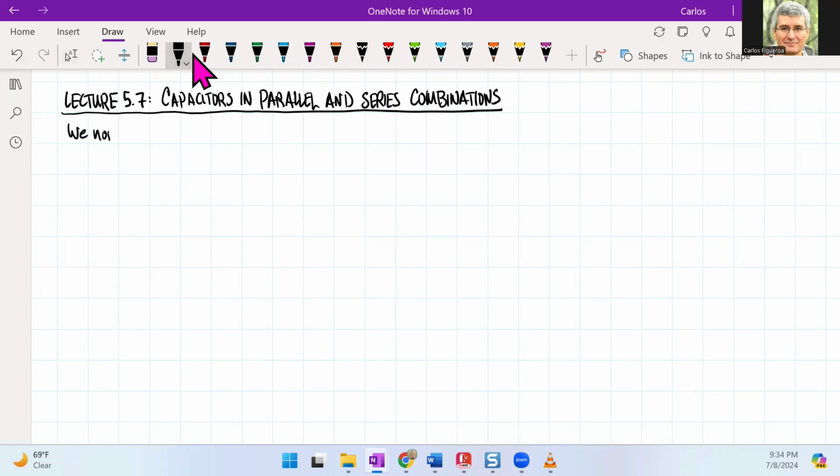We now assume that all capacitances of capacitors have been computed.